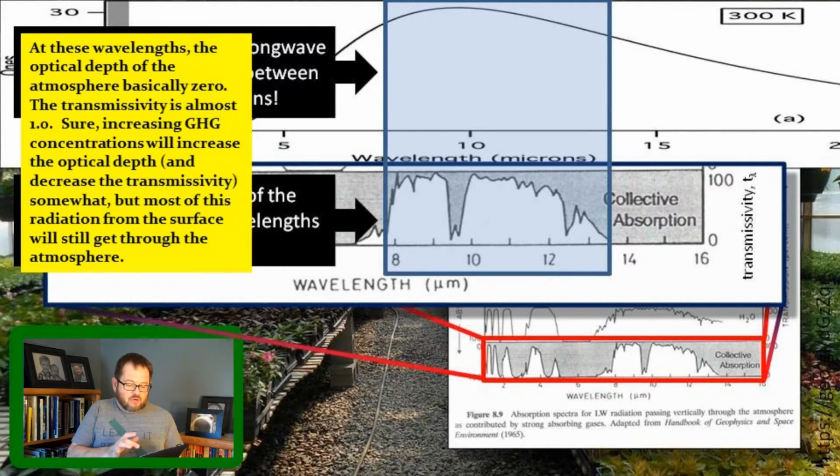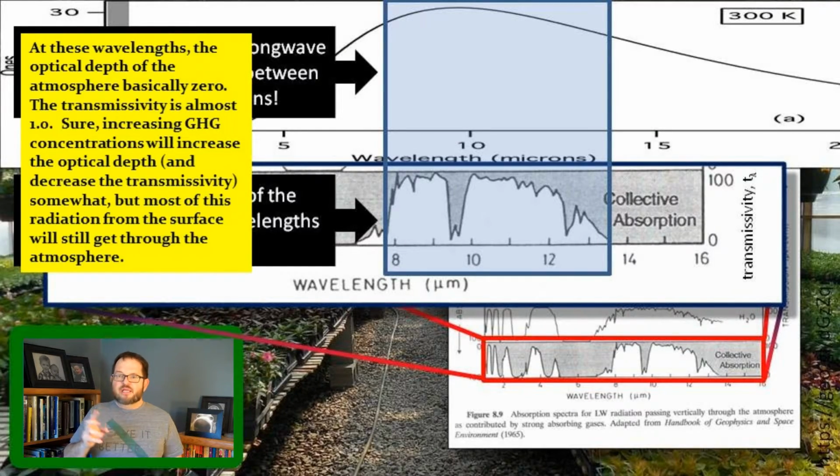I mean, sure, at these wavelengths, we already have an optical depth that's basically 0. The atmosphere doesn't really resist the flow of this radiation all that much with the amount of greenhouse gases we already have.